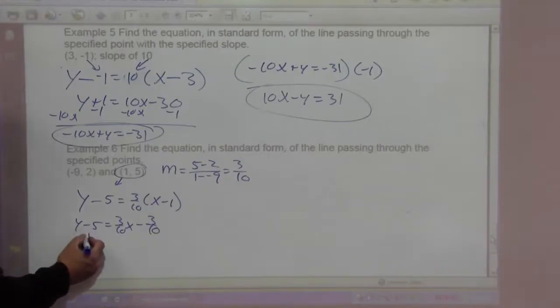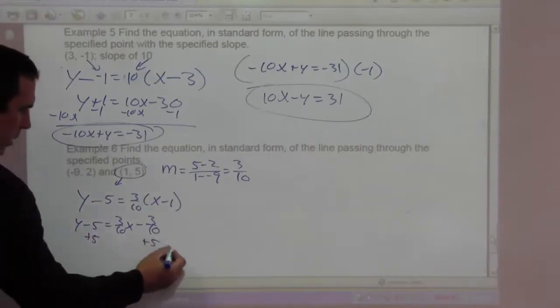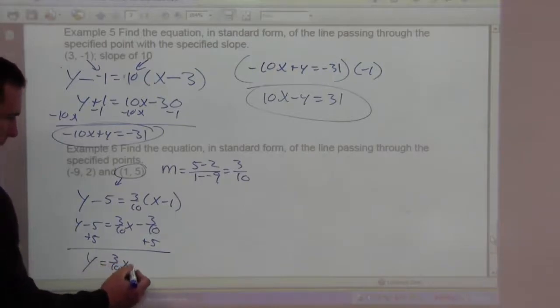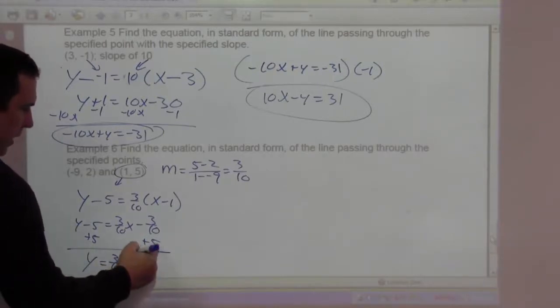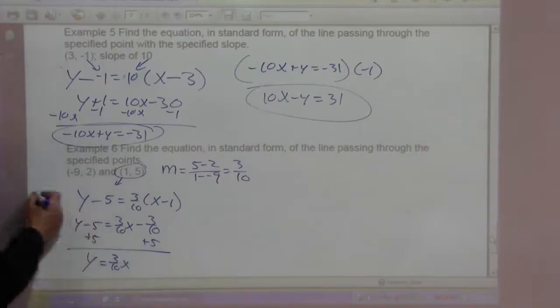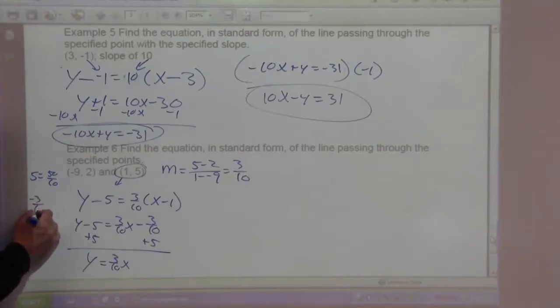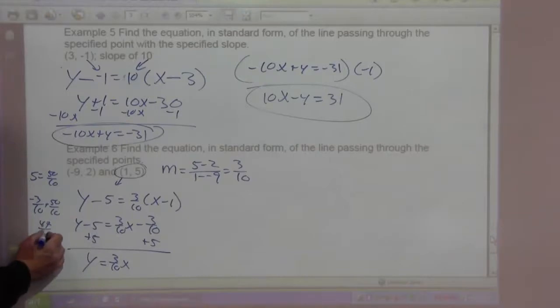I'll add 5 to both sides. So we have y equals 3/10 of x. Now 5 is how many tenths? 5 equals 50/10. So if we look at negative 3/10 plus 50/10, we're going to have 47/10.